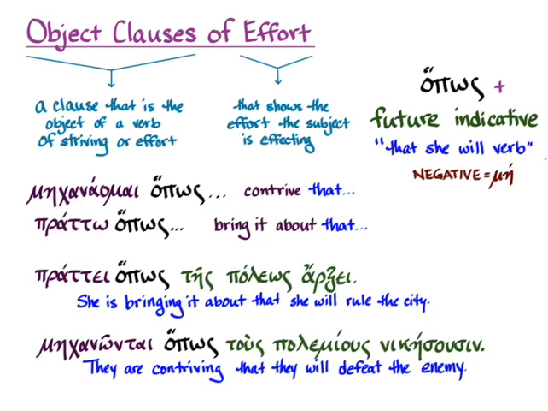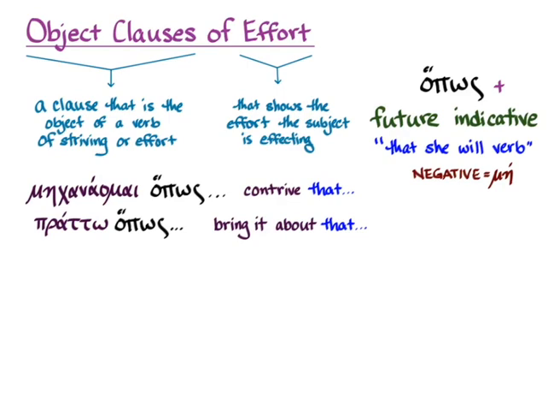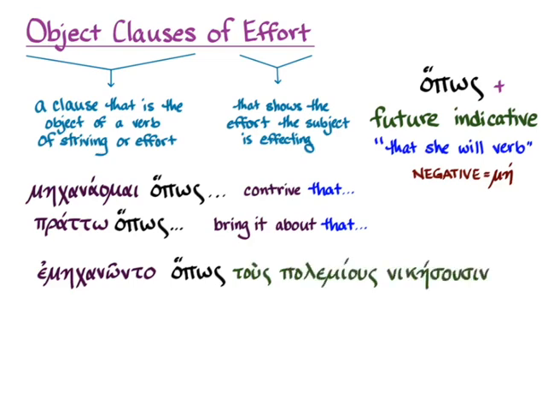So, pretty simple to do when you've got a verb of striving, hopos, and the future indicative, that she will verb. It actually stays pretty simple when you use these verbs in other tenses. It's just that English isn't as simple. So I just want to show you a couple of examples in the imperfect and the aorist, just so you see how to express in English what is happening with Greek, still with the future indicative.